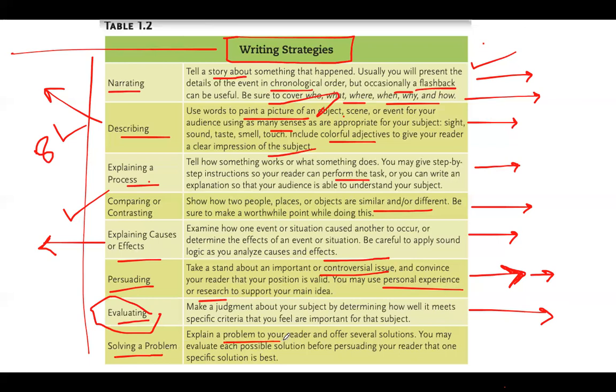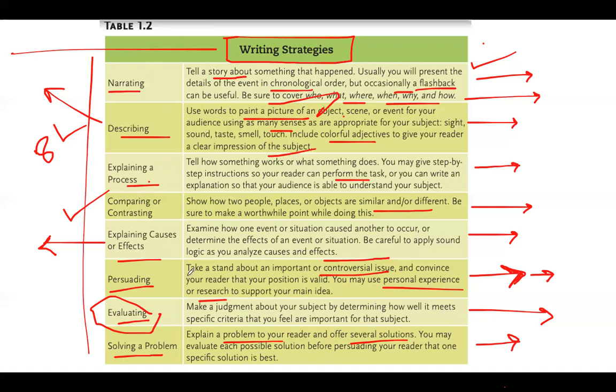This is a kind of problem analysis, and we often give recommendations or ways forward in our essays. This is also a very important part of essays that we see in competitive exams. You may evaluate each possible solution before persuading your reader that one specific solution is best.